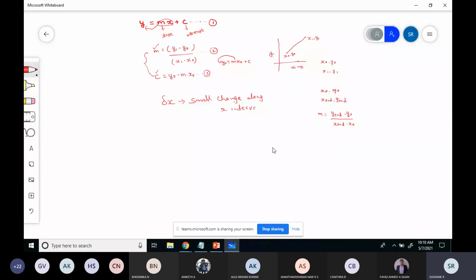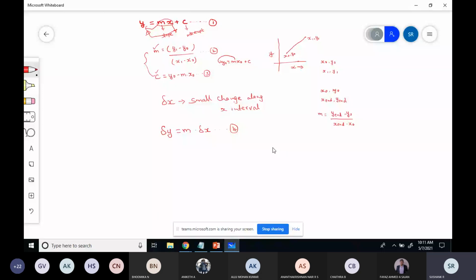From this equation, you should know that any changes in x will also result in changes to y. So how do you represent that? A small increment in x value will result in a change in y value also. So we can write it as the small change in y is equal to m into delta x. This is also one of the equations.